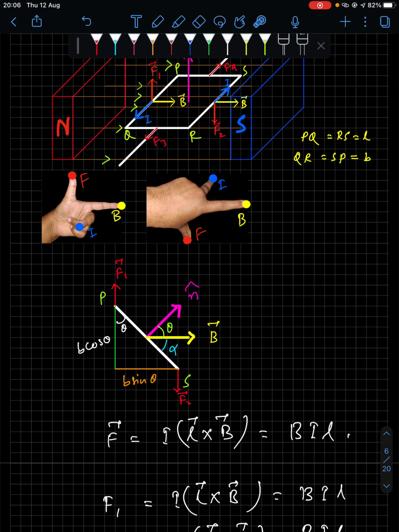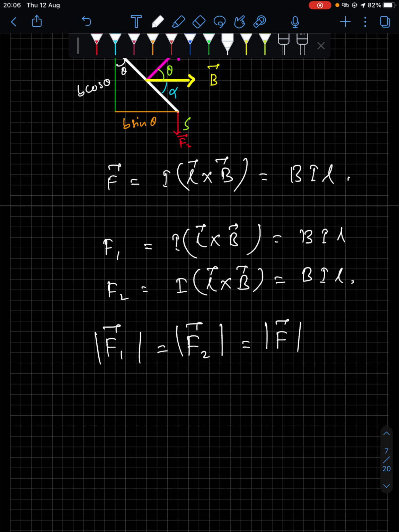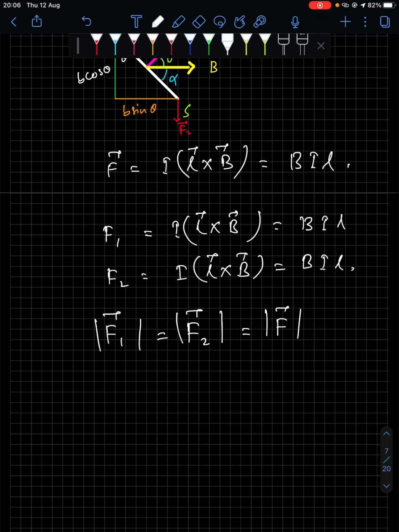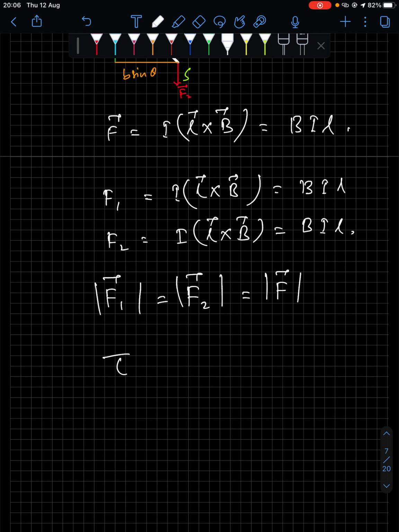The direction I already explained, that you understand the direction by using Fleming's left hand rule. So what you understand here is that magnitude of F1 vector is equal to F2 vector. They are of course opposite in direction, but their magnitude is the same. Therefore you can write them equal to F vector. We'll use it ahead. We already talked about the two forces F3 and F4 cancelling out each other.